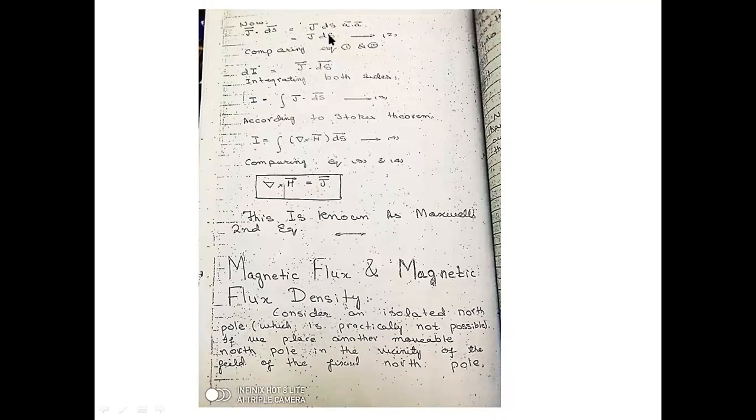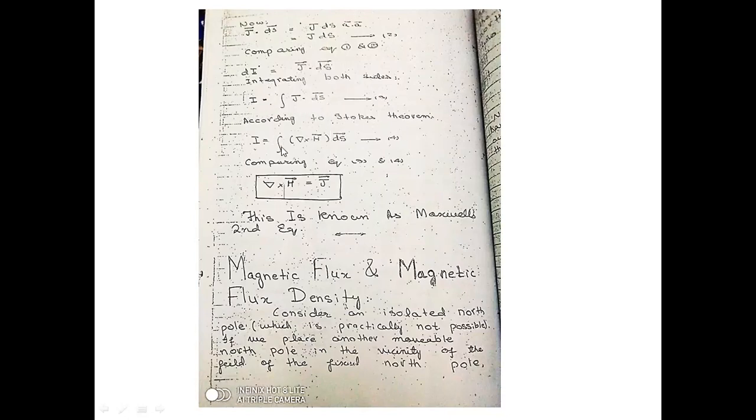So A dot A is equal to 1. This is equation number 2. Comparing equation number 1 and 2, we get I is equal to the integral of J dot ds.